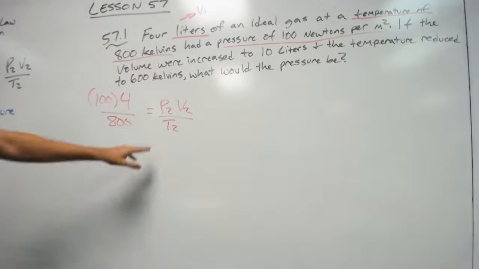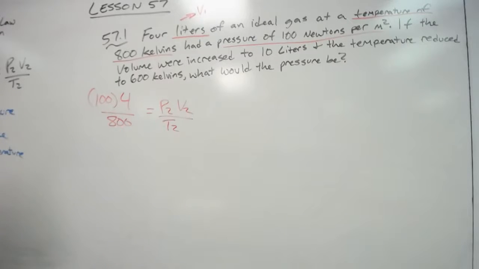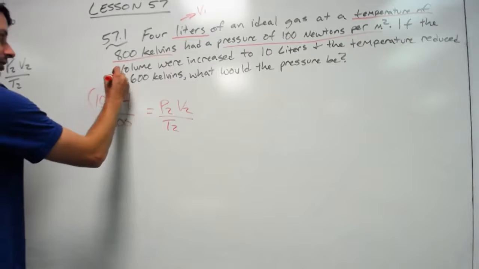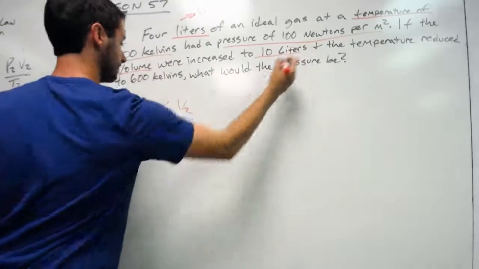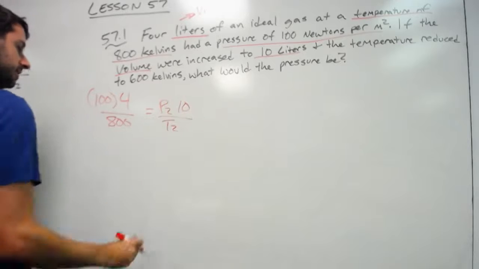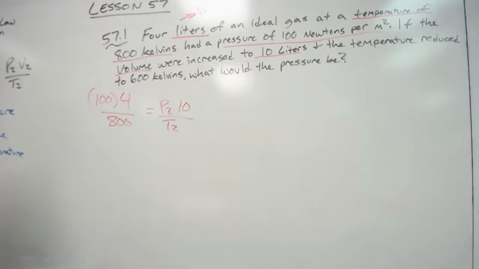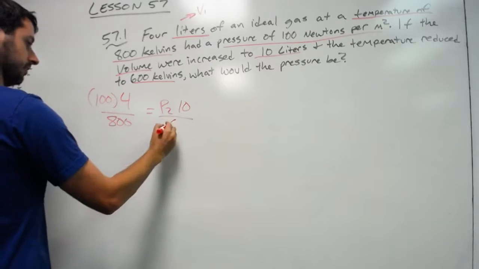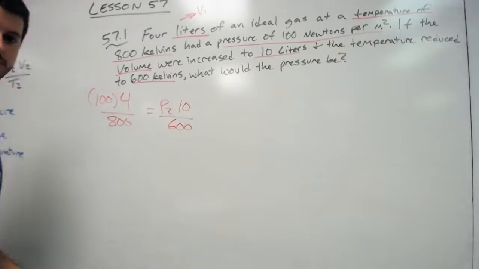Now let's see if we have P2, V2, and T2. It says if the volume were increased to 10 liters, so take out the V2 and put the 10, and the temperature reduced to 600 kelvins, temperature is 600 now, what would the pressure be?